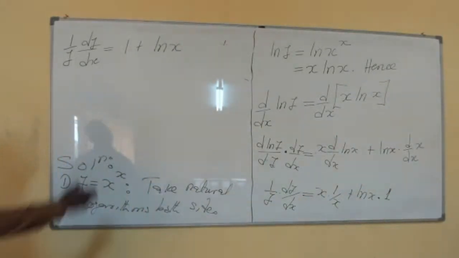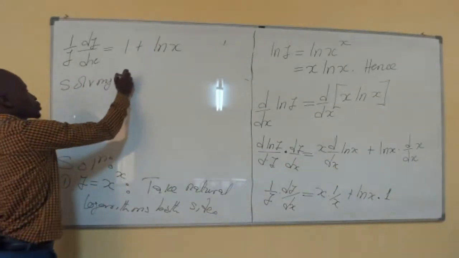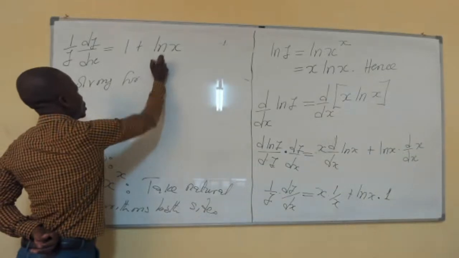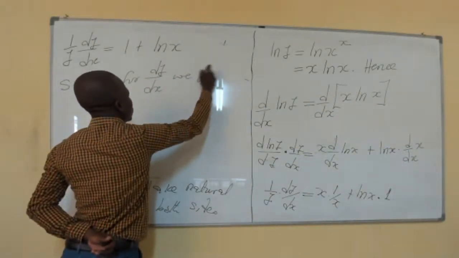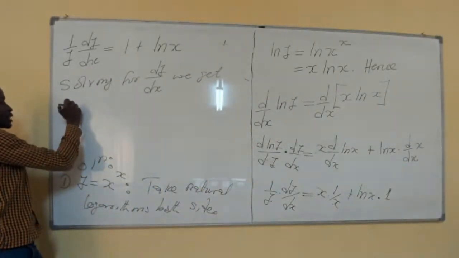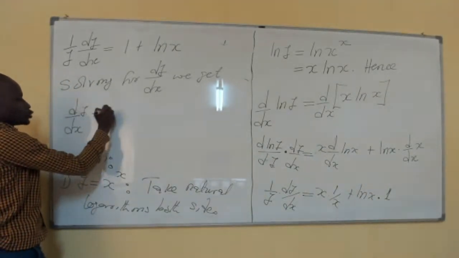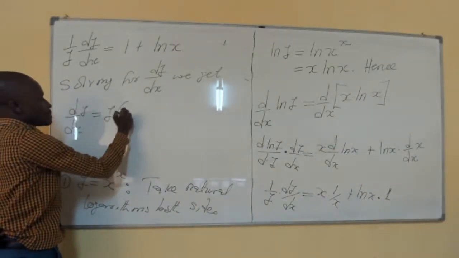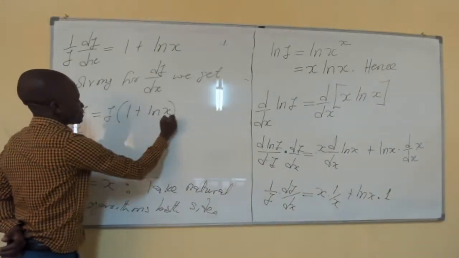Now, when we reach this stage, we are solving for dy/dx. Making dy/dx the subject of the formula is straightforward. So we are going to have dy/dx is equal to y multiplied by 1 plus ln of x.